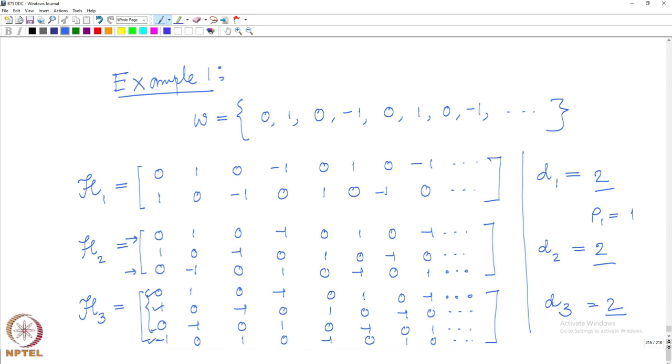So, therefore, rho 1 is equal to 1, rho 2 is equal to d 2 minus d 1, which is equal to 0, correct. Then rho 3 is equal to 0 again, because it is d 3 minus d 2. So, once again it is 0.